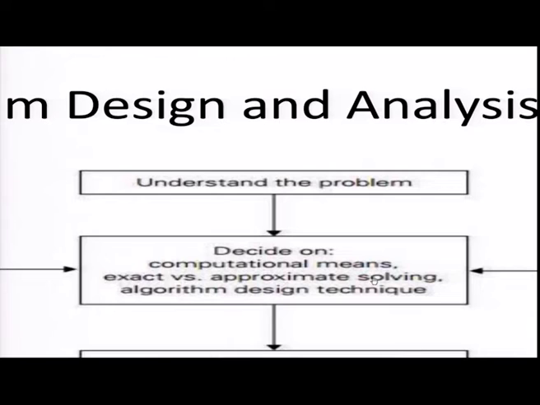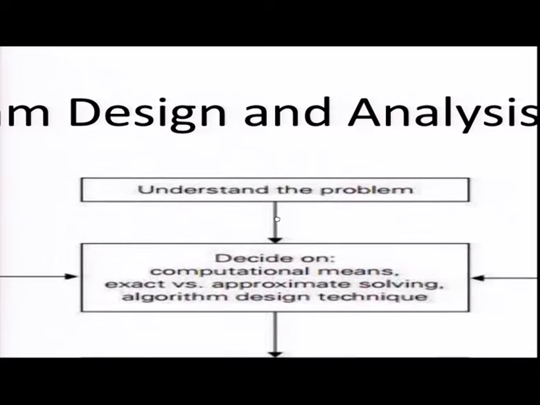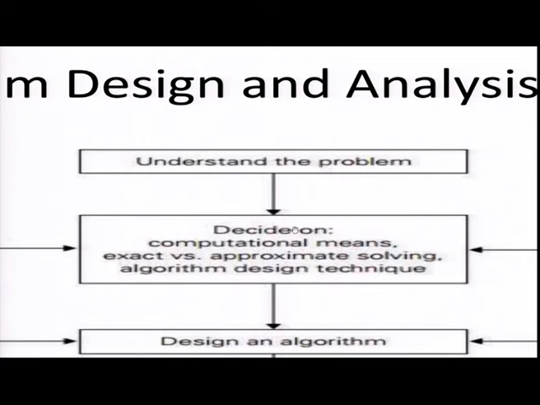Sometimes we will have an exact solution, or at times we have an approximate solution for problem solving, and then we have the algorithmic design technique. So, this is said to be a flow graph. After understanding the problem, you decide on the computational means, you do exact solving, or at times you get approximate solving, and then you have the algorithm design techniques.